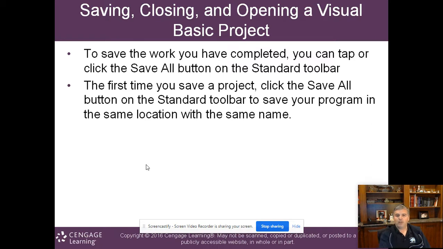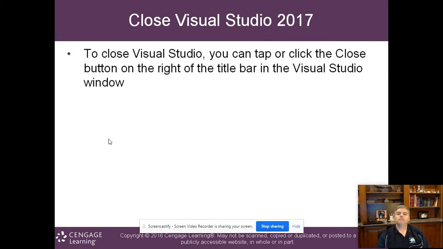So when you're saving, you always want to hit Save All, okay? That'll be File, Save All, and that'll save all the objects all together. Usually you're going to make that mistake once and you won't make it again. And once you've saved, you can close Visual Studio. File, Close, that'll just close out of the application.